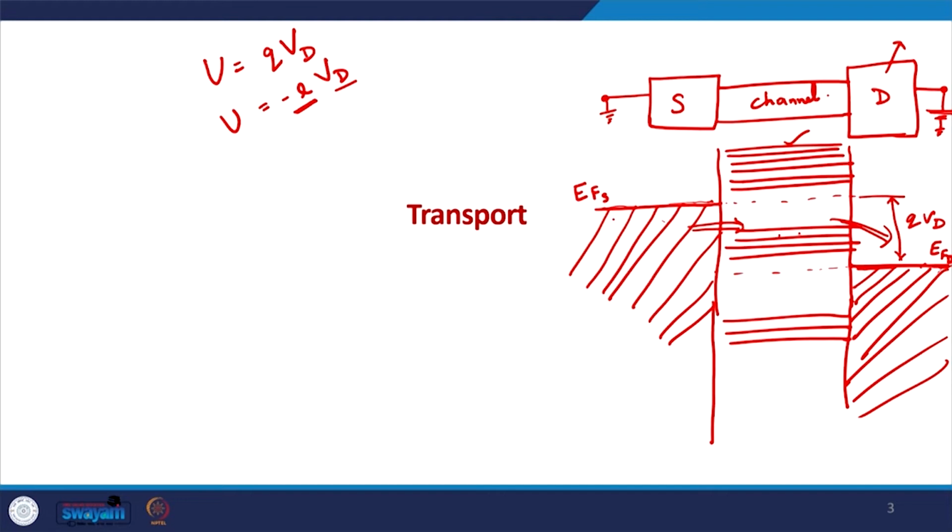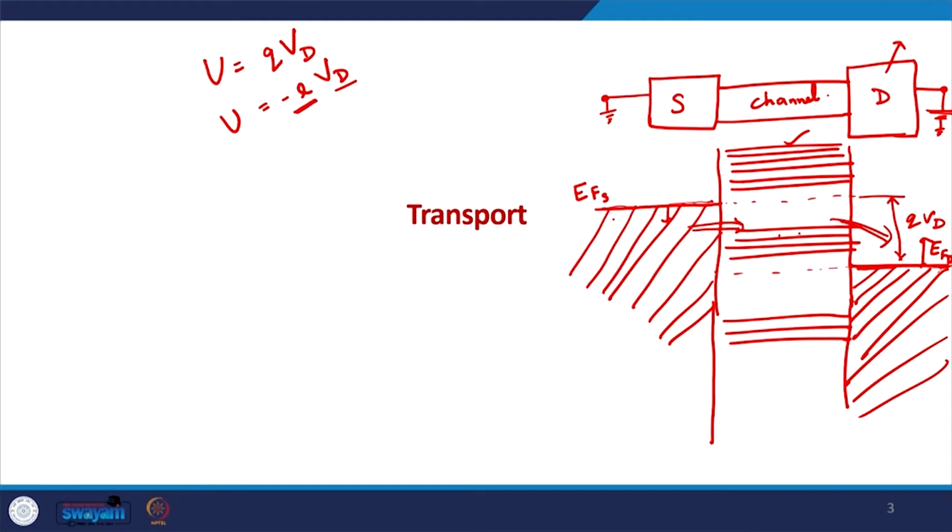Because of the electron flow from the source to the channel to the drain, this drain Fermi level will come up, this source Fermi level will go down slightly, and ultimately a state of equilibrium will be achieved in which EFS and EFD are the same.